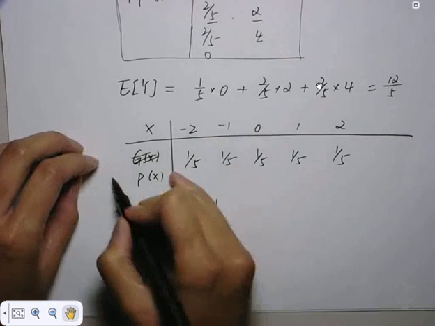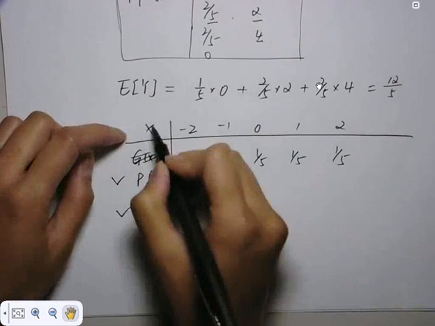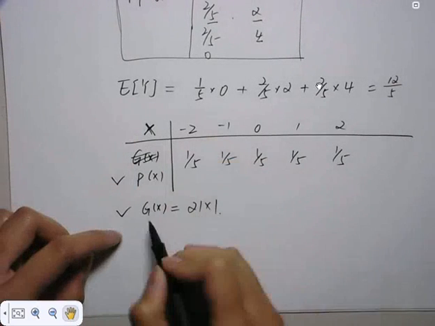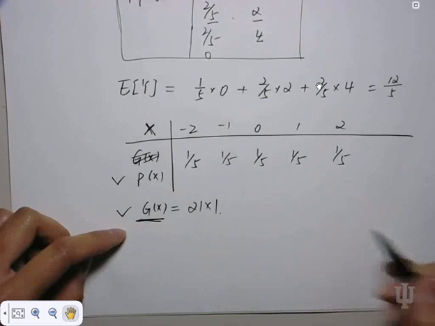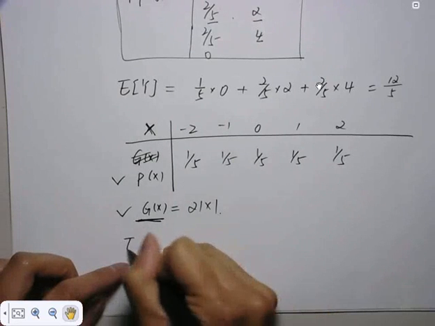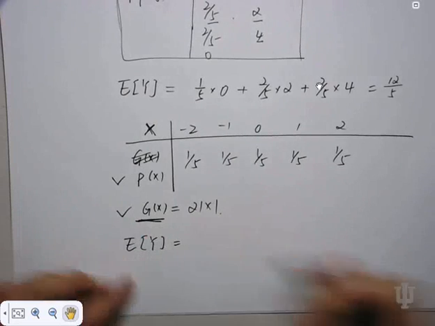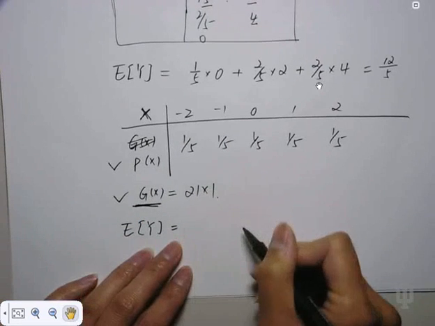If you know the probability mass function of your original random variable x, and you know the mapping function from x to y, g(x), then we can still calculate the expected value of y.